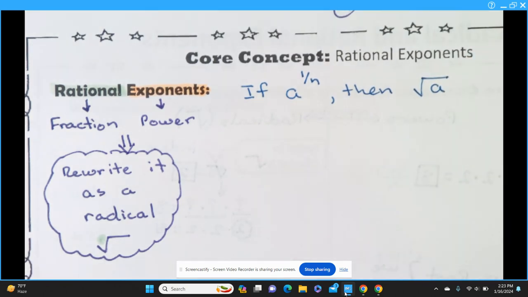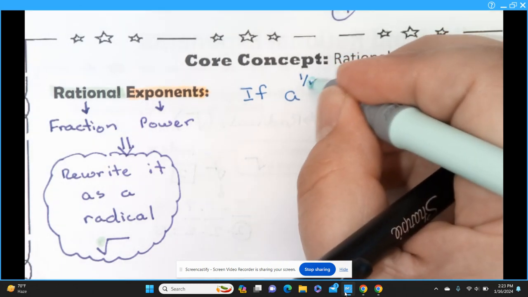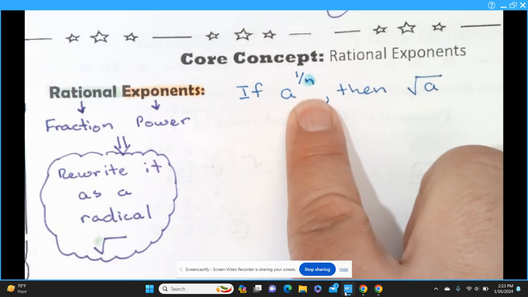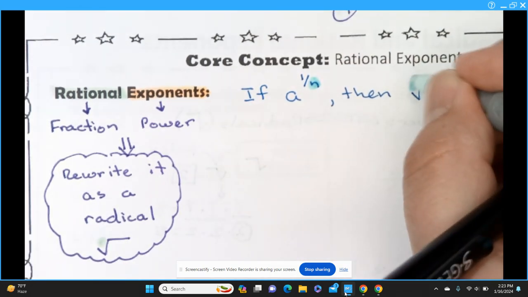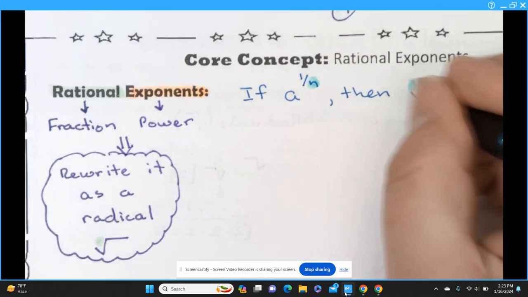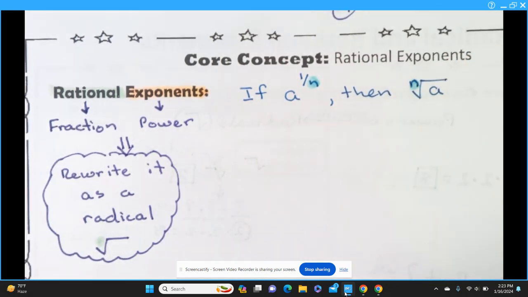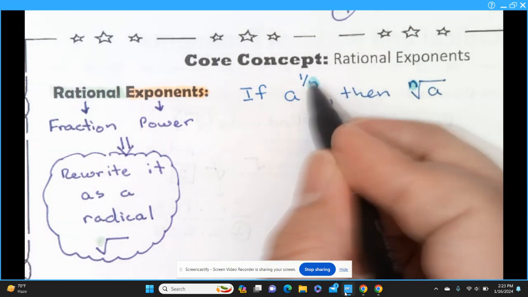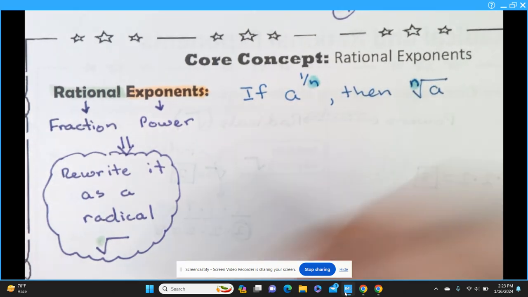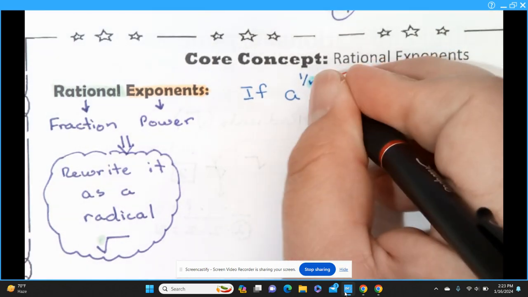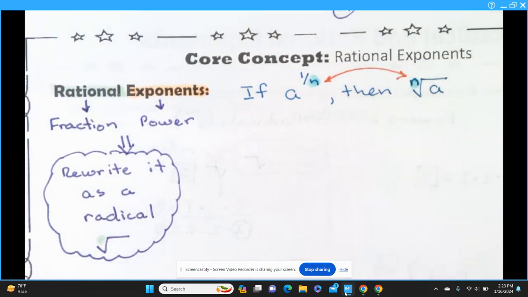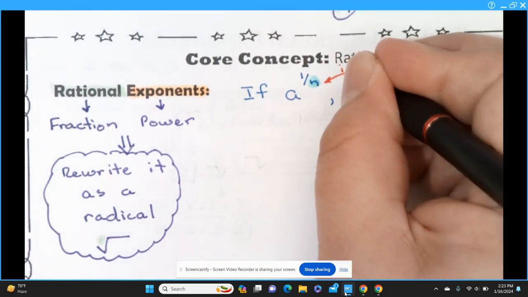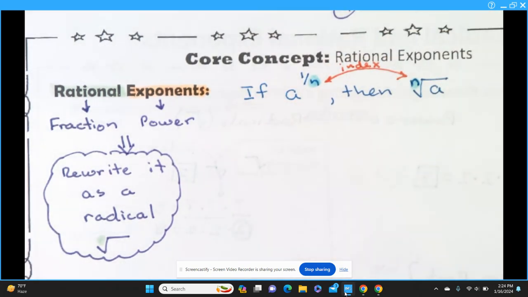But again, look at that denominator. If your denominator says n, well, then your index is that n. Again, the denominator is the index. The index is the denominator. They go together. They go hand in hand. Look at that. There's a connection between the two. There's my index. The index is the denominator.